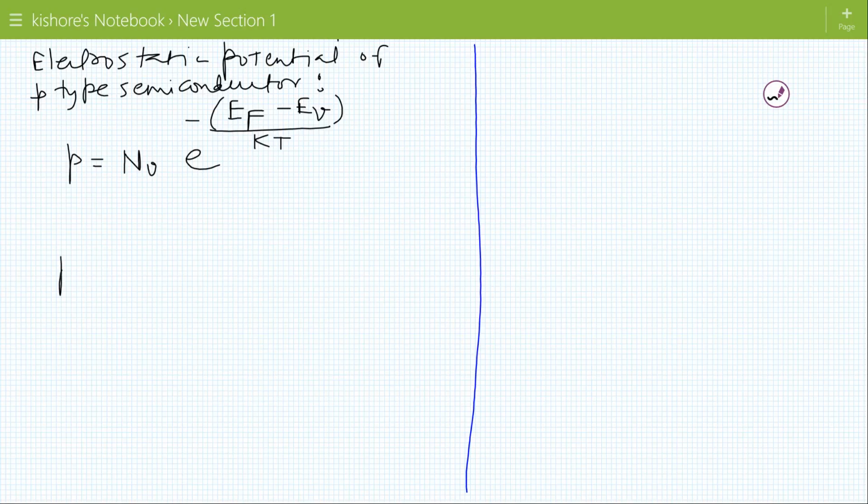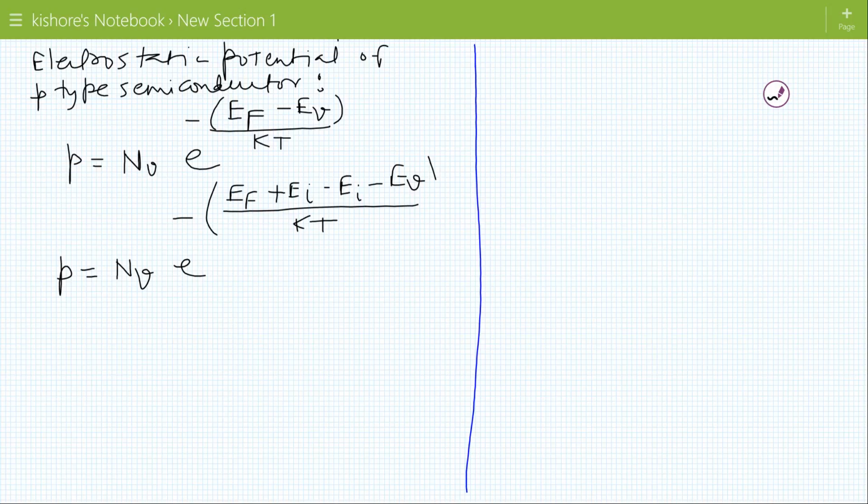Now again, we have to express this expression in terms of Ni and Ei. So adding and subtracting Ei here. Now we will break this expression.